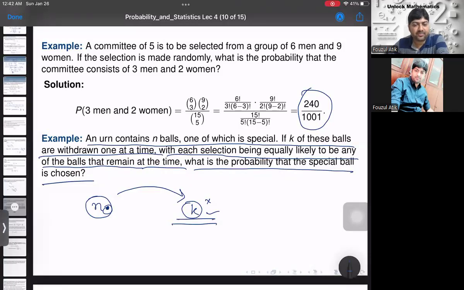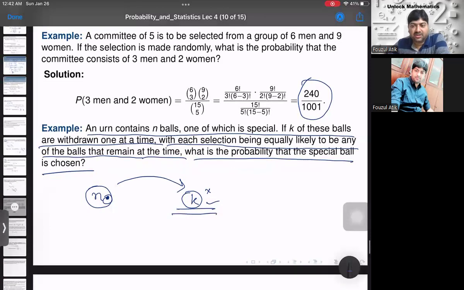Anything is possible. The question is, what is the probability that the special ball is chosen? How to do that? Pause the video, think of the question, try to answer it in your notebook or in the comment box. Then you see my answer.